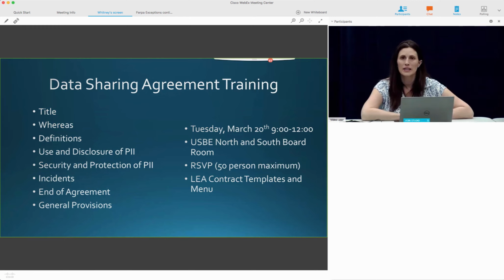She is going to be presenting a menu and templates to LEAs that we've been collaborating on with her, to break it down so you know what indemnity means and expungement means, and to break down some of these legal terms that we need a little more help on. We're going to be sharing and walking you through that document.